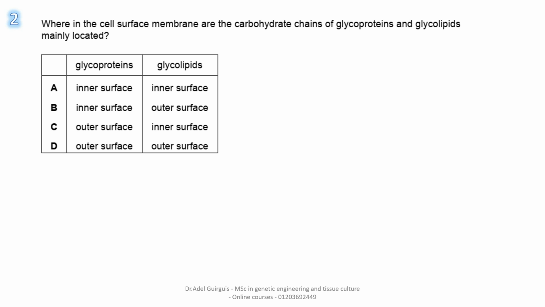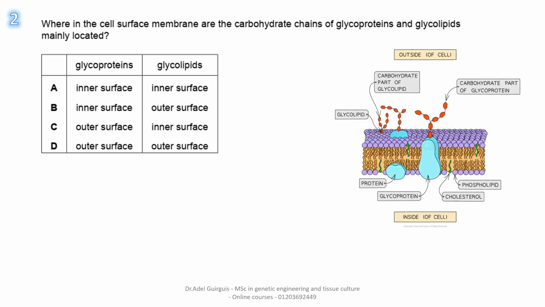Number 2. Where in the cell surface membrane are the carbohydrate chains of glycoproteins and glycolipids mainly located? Precisely where? Look at this figure, cell surface membrane, this carbohydrate part is red in color, attached either to protein or to lipid, glycoprotein and glycolipid.